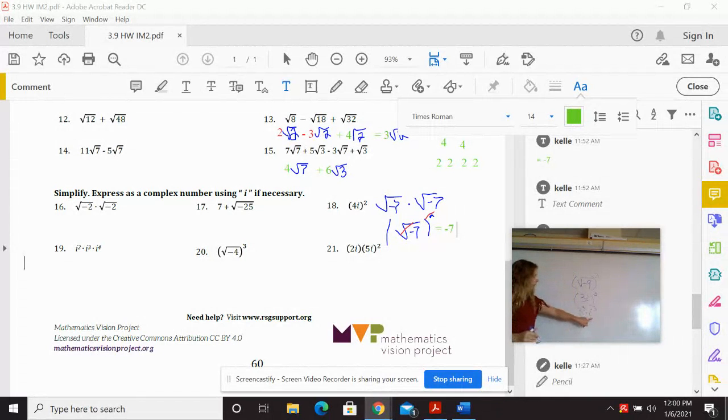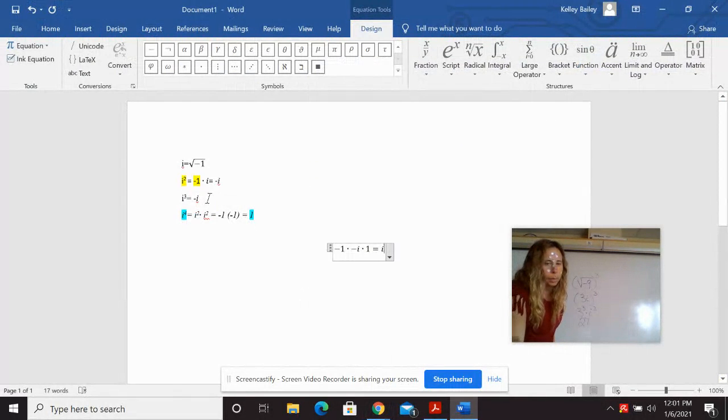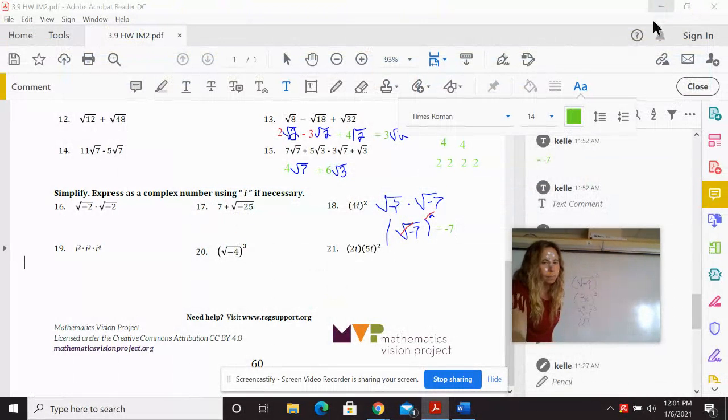And then i cubed, we figured that out in number 19. So if you want, you can just look back at number 19. i cubed was negative i. So this is times negative i. And if you multiply those together, you get negative 27i.